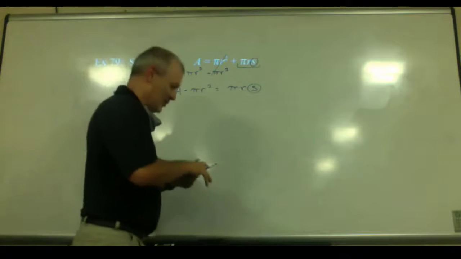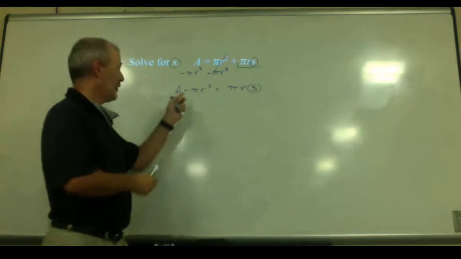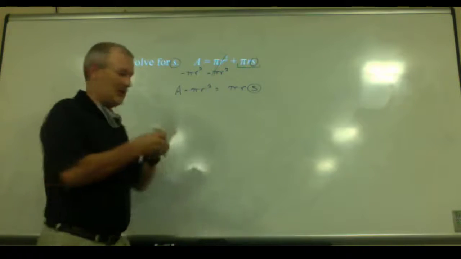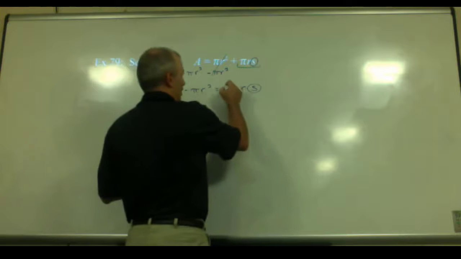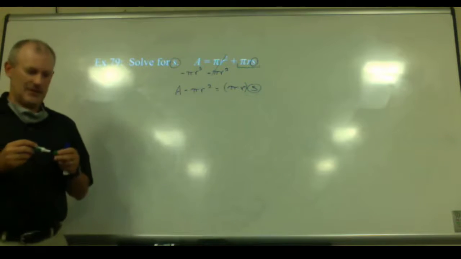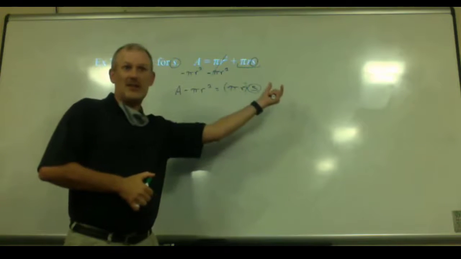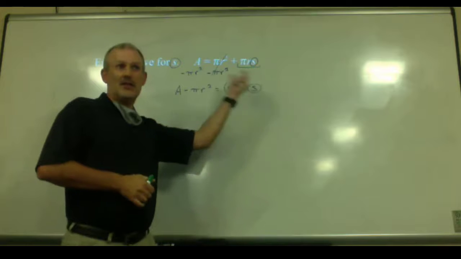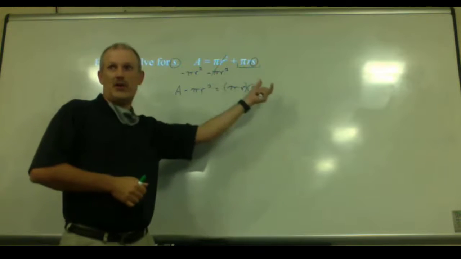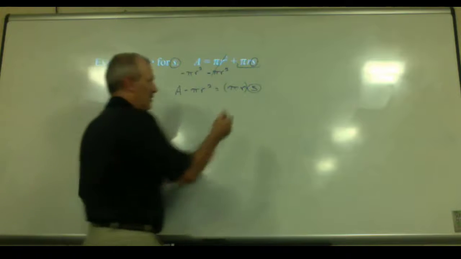But what we can do to make this easier, remember, like over here, pi times r squared was a number. Well, pi times r is a number, and you're going to have to do the same thing. That number is multiplied by s. So how would we get rid of that number? Dividing it. Divide by the pi r.